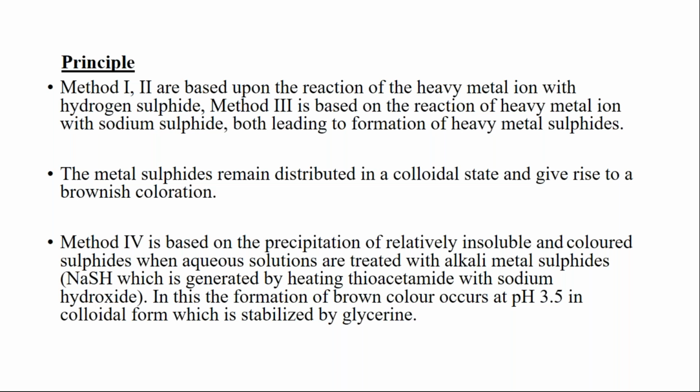So how is that NaSH, that is sodium hydrogen sulfide, prepared? It is generated by heating thioacetamide with sodium hydroxide. In method 4 also, a brown color is produced at pH 3.5 in colloidal form, which is stabilized by adding glycerin. Okay, let me go back to method 4.